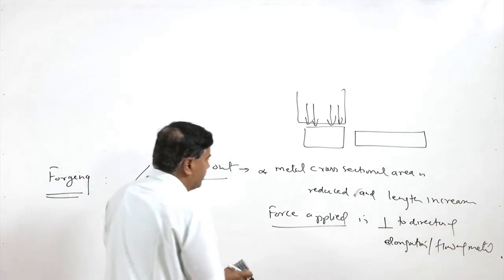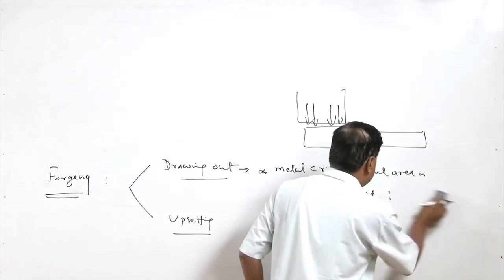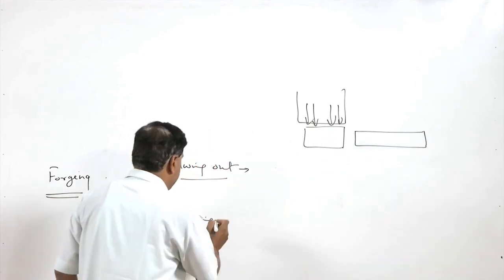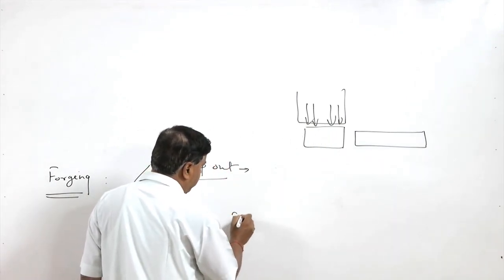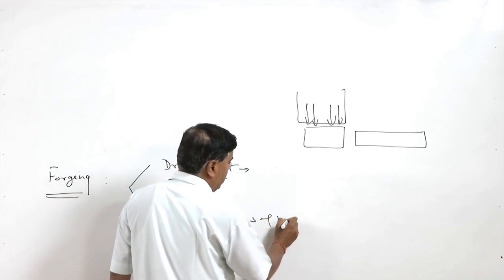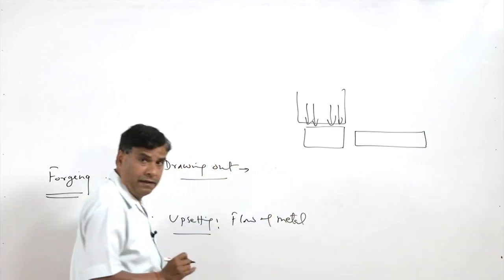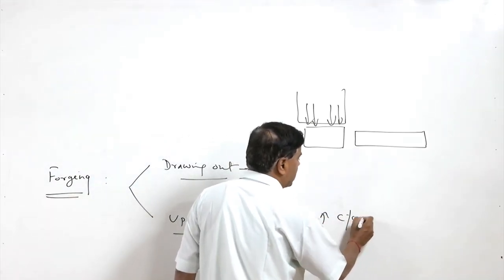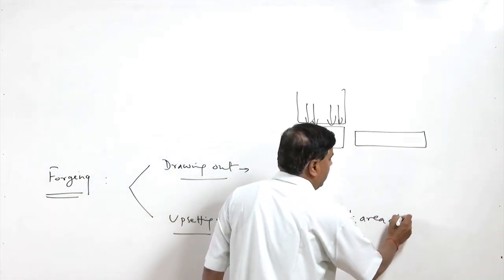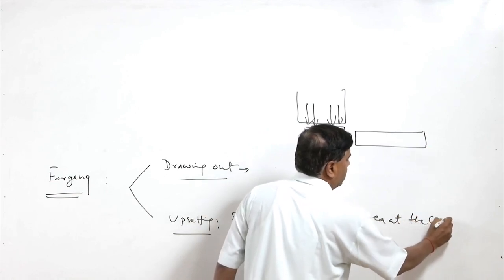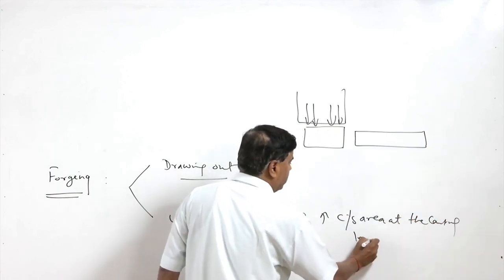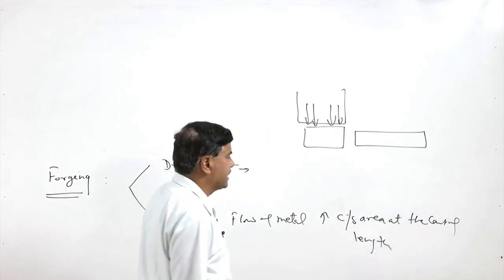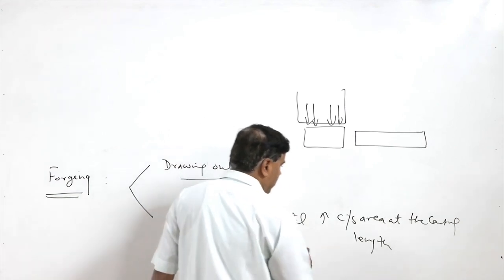While in case of upsetting, just the reverse happens. The flow of the metal or the plastic deformation increases the cross sectional area at the cost of length. Basically, length reduces and an increase in cross sectional area takes place.